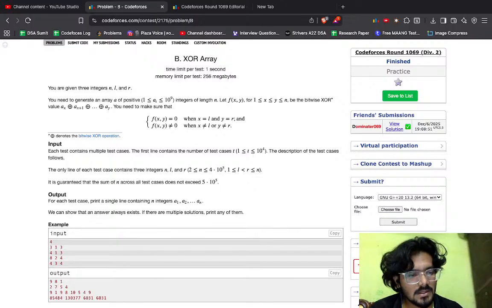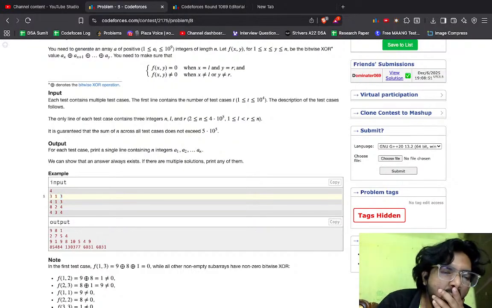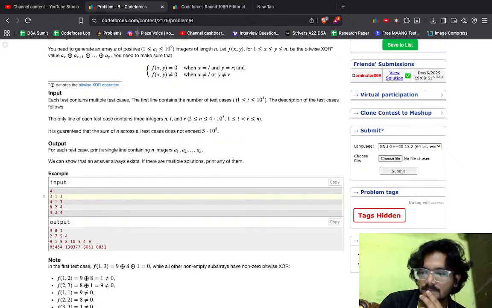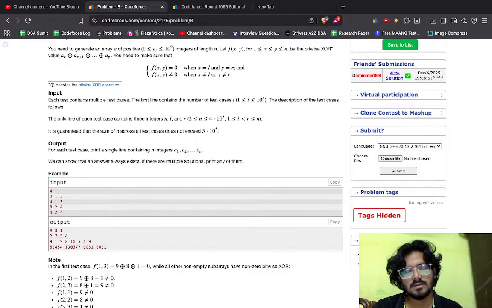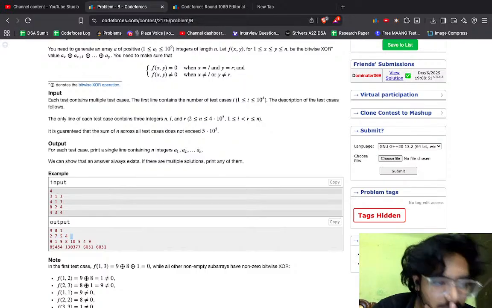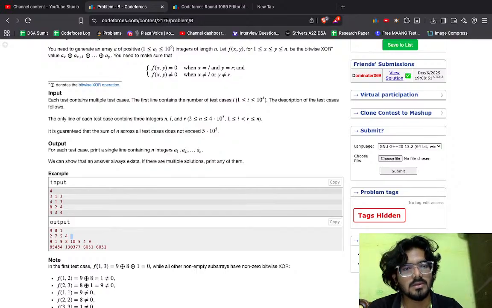So they are saying that there is a left and there is a right, like here's 1 and 3. Okay, I didn't understand it properly.